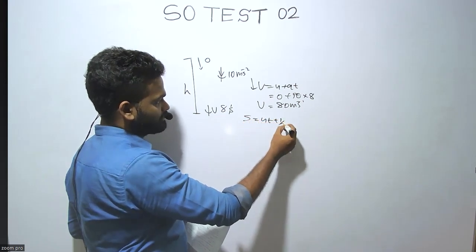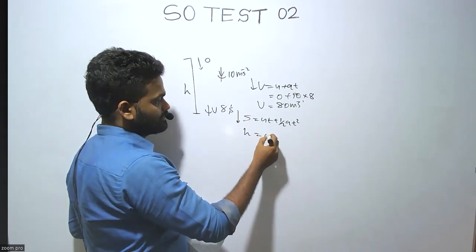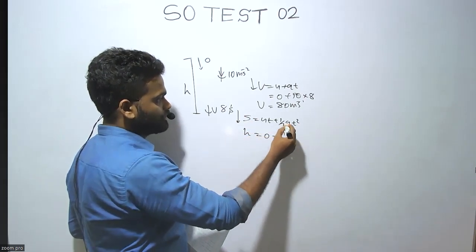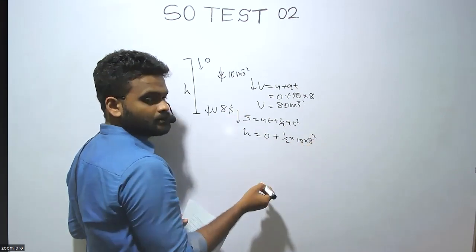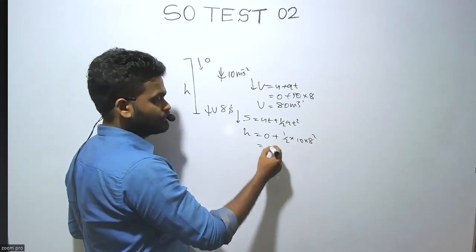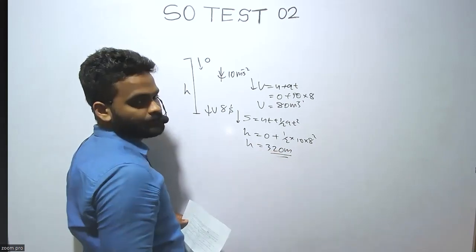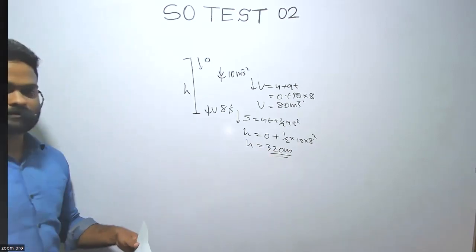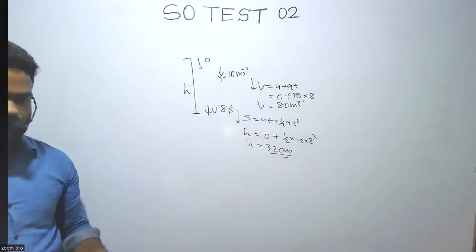So for this equation downwards, h is half times 10 times 8 squared. So 8 squared is 64, divided by 2 is 32, times 10, 320 meters. So the height of the building is 320 meters. So it only takes 8 seconds to land on the ground.